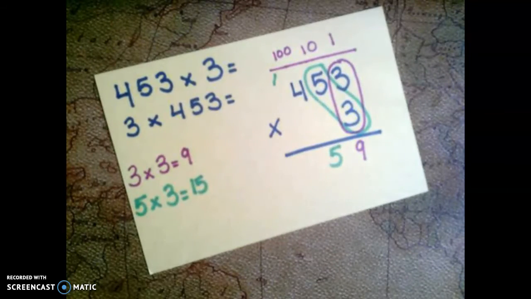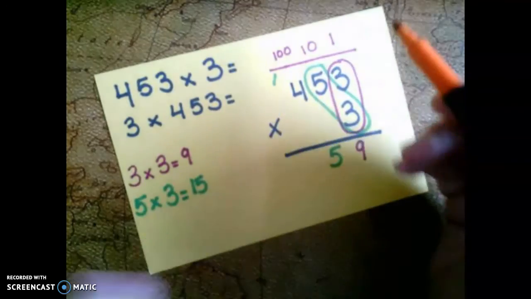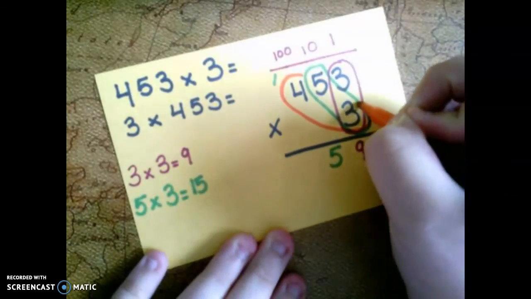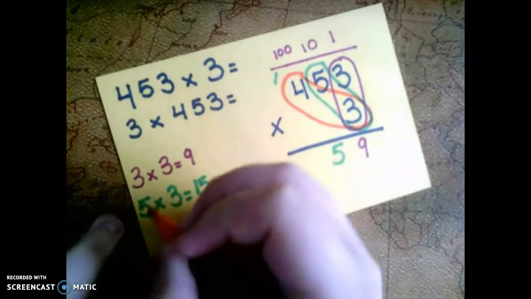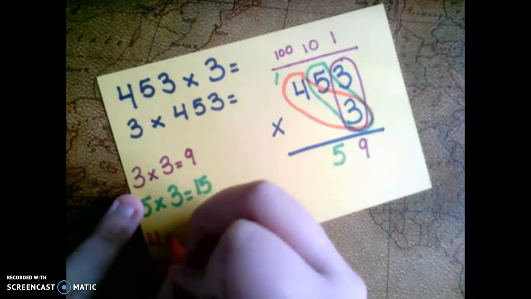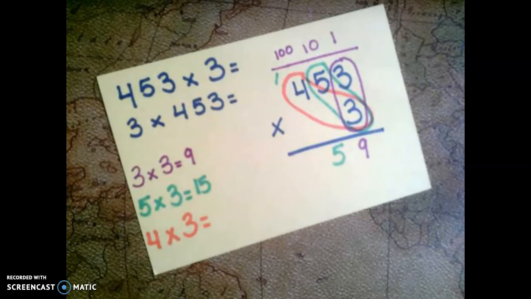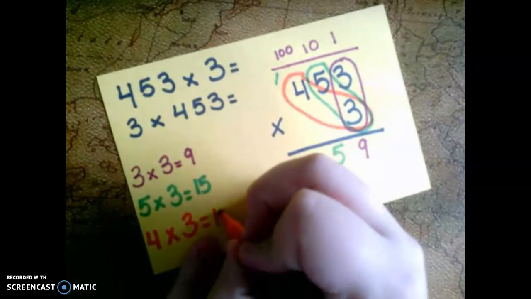Now our last one that we have to do is we're actually going to multiply 3 times 4. So we're going to take our orange marker, we're going to circle 4 times 3. And again, this is a pretty easy question for us because we know that 4 times 3 is 12.